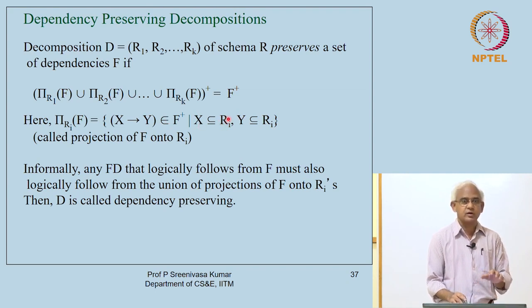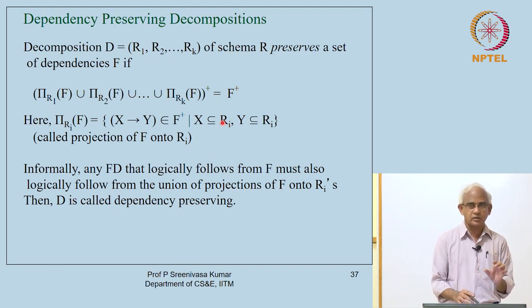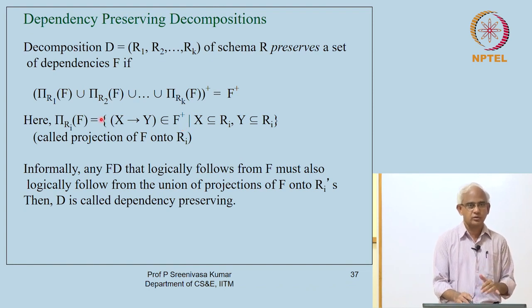They do not contain any other attribute other than what is there in Ri. So, they are applicable to Ri only, a subset of R. We can call this a projection of F onto Ri, because normally we talk about projections only for data, but here we are projecting the functional dependencies onto a subschema called Ri.